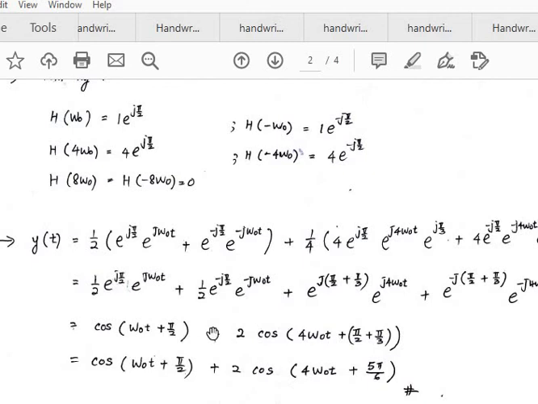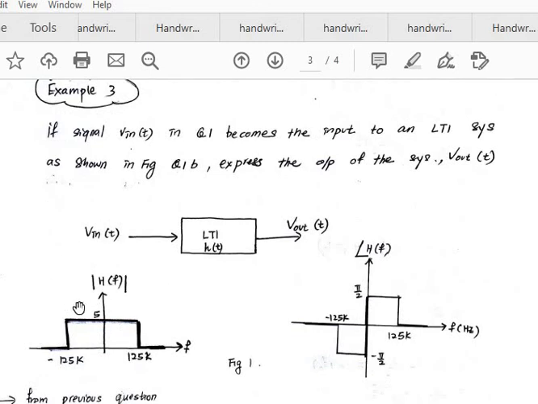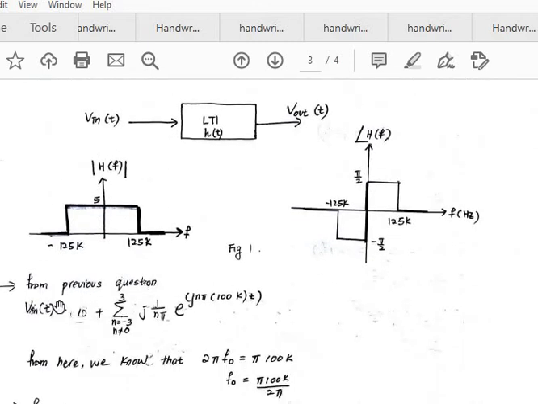Okay, I share with you another example, which is example 3. This is the H(f) and the phase, and from the previous question you have this explanation. So what is the f naught?